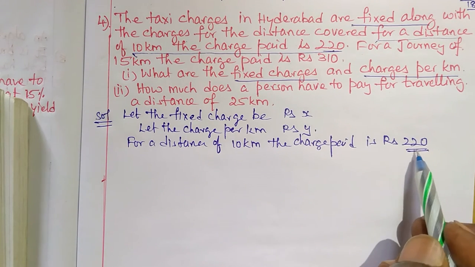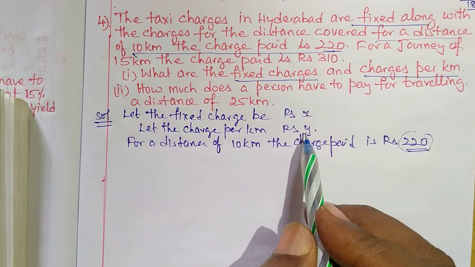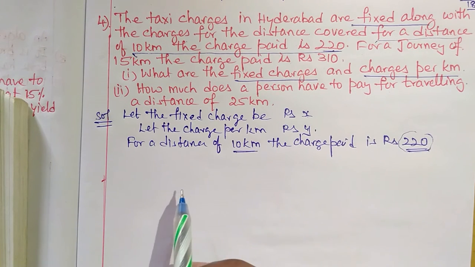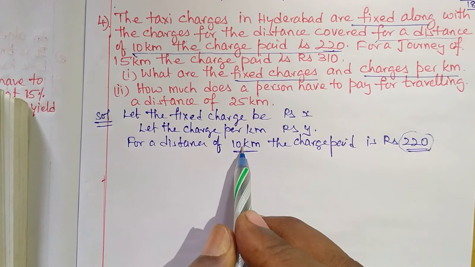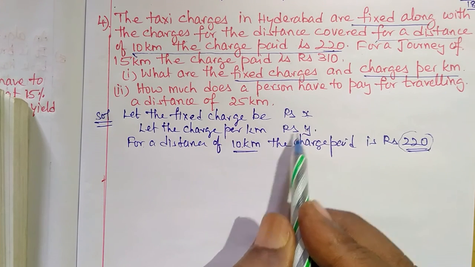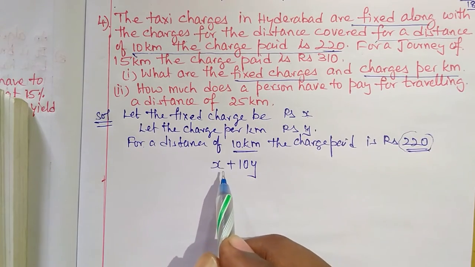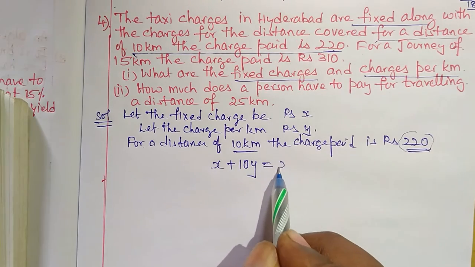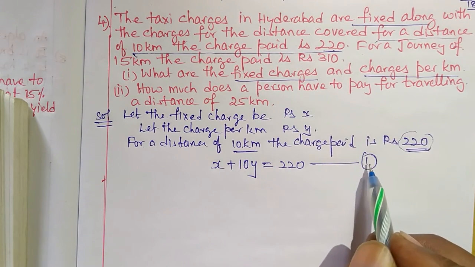This charge includes the fixed charge as well as the charge per kilometer. He has traveled 10 kilometers, so for 10 kilometers the charge is 10y, and X is the fixed charge. So X plus 10y equals 220 rupees. This is how we frame the equation.